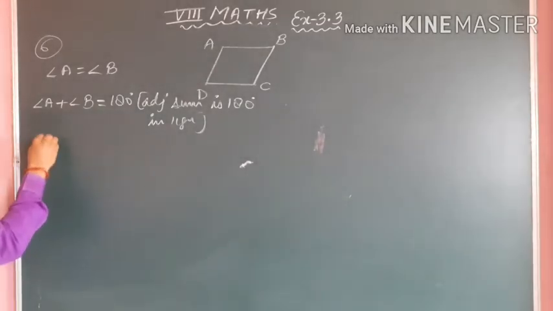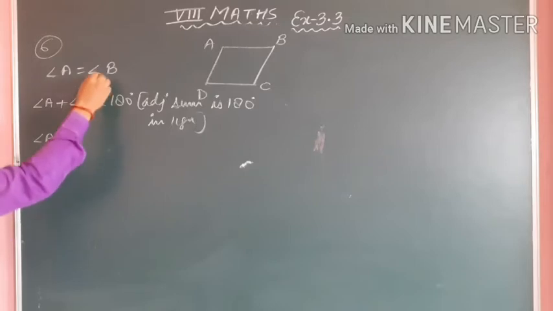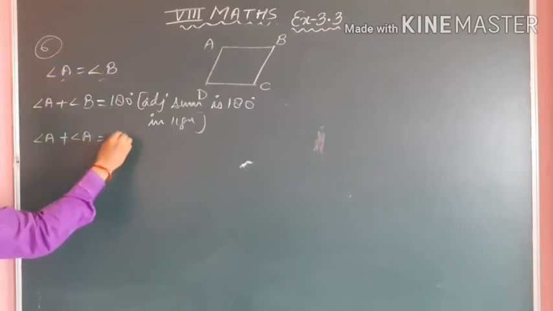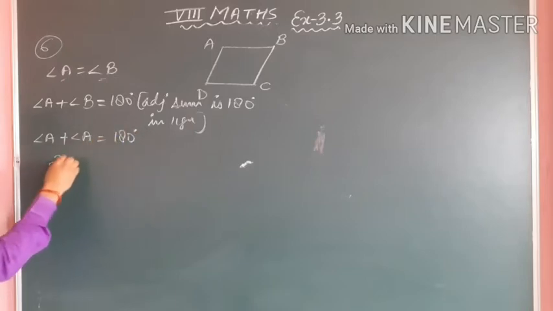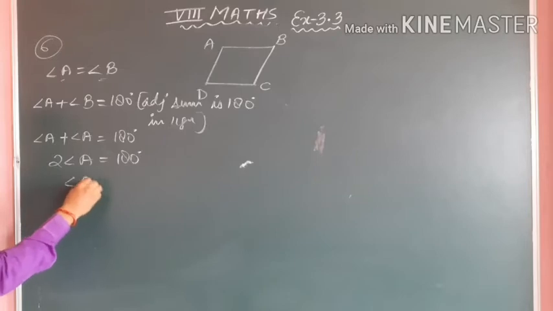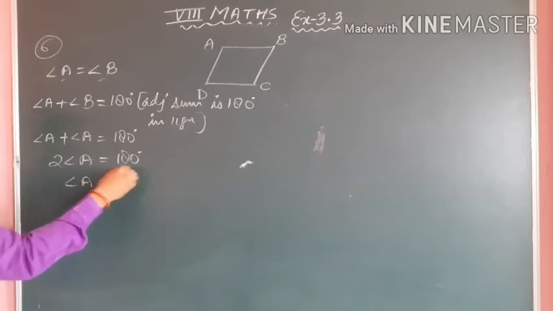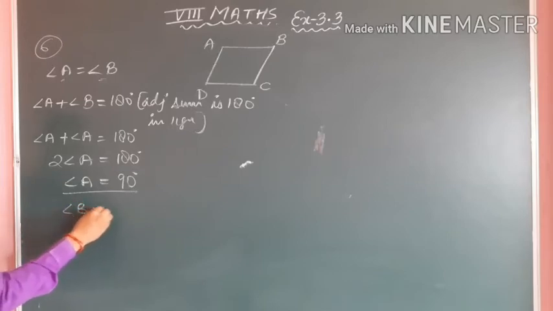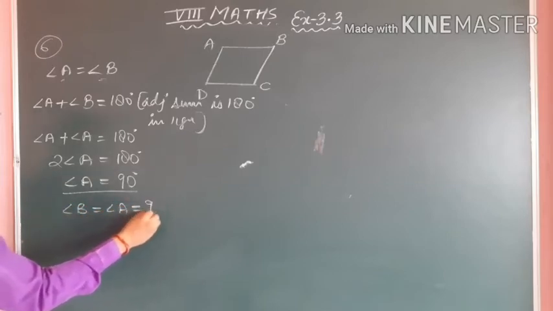Now angle A is equal to angle A, but angle B we can write as angle A, because both are equal. So twice angle A is equal to 180, then we divide 180 by 2, so angle A will be 90 degrees. Angle B is also equal to angle A, so it will also be 90.